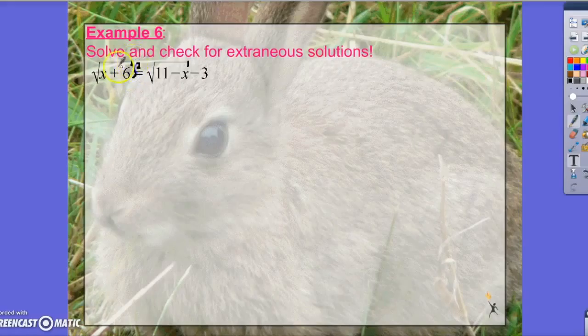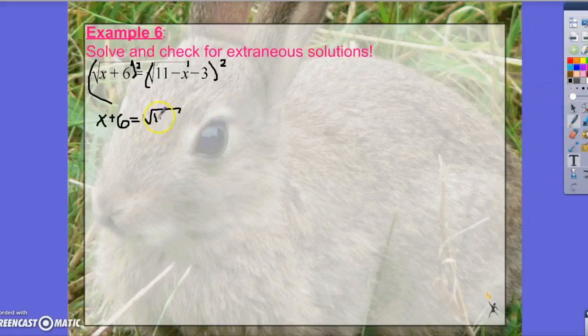All right, so we square both sides again. On the left, we just have x plus 6. The root goes away here. Be careful with this one. We have to actually write it twice.